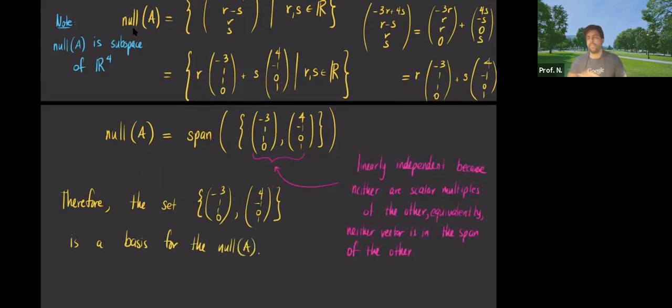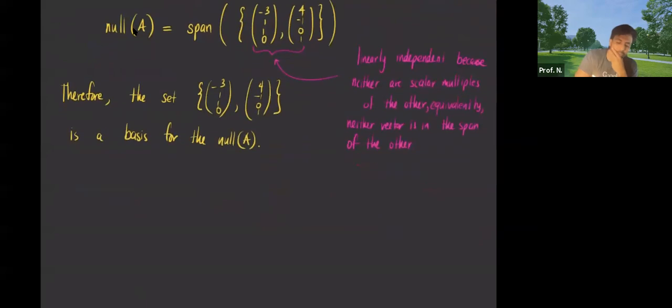So we're putting all the stuff we've learned together. Now, since we know that the basis is two vectors that span and are linearly independent, that span the null space of A, what would be the dimension of the null space of A?